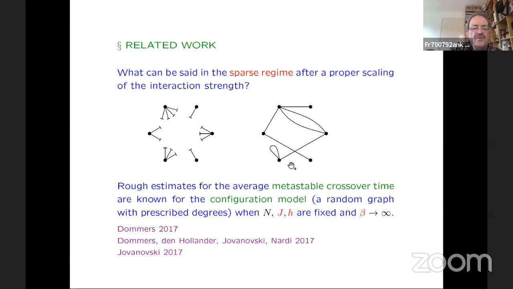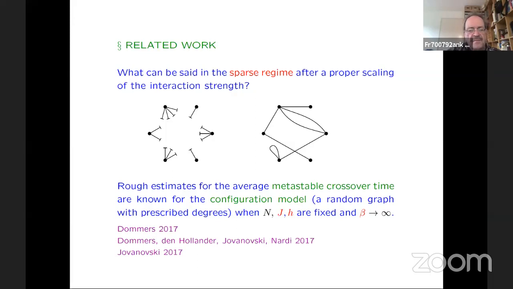And we have looked at what happens when you do Glauber spin-flip dynamics on this graph. And here we were looking at n going to infinity and beta going to infinity. There was a first paper by Sander Dommers who started to look at this problem and doing some rough estimates.